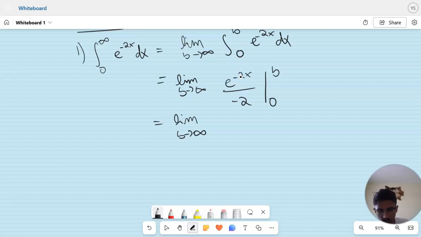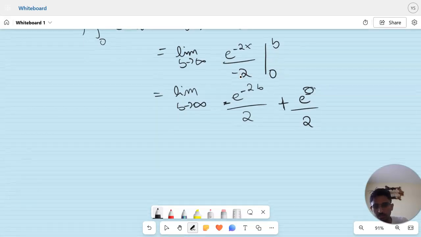Now we plug in b, so e to the negative 2b over negative 2, minus, and remember this minus is going to make it plus, e to the negative 2 times 0, which is 0, over negative 2. Remember the negative sign, we said it's going to come up front.